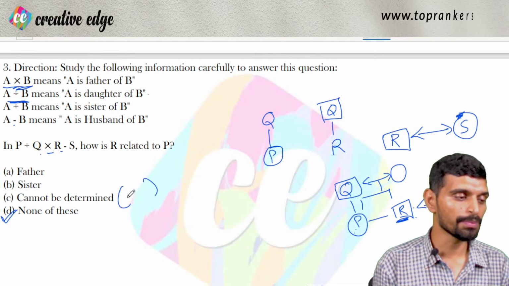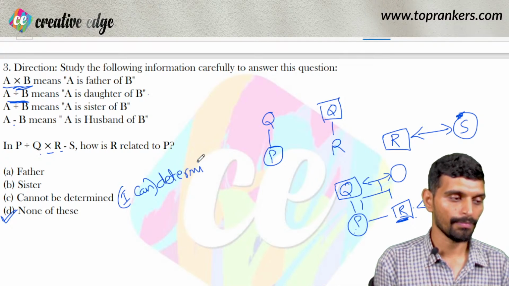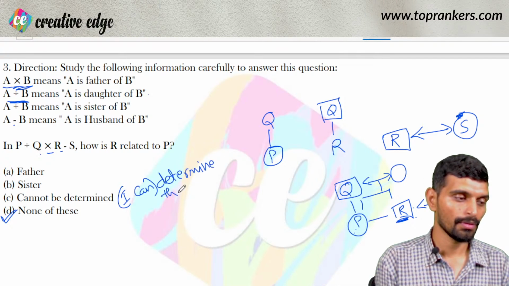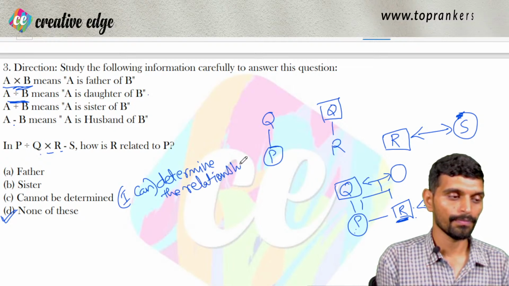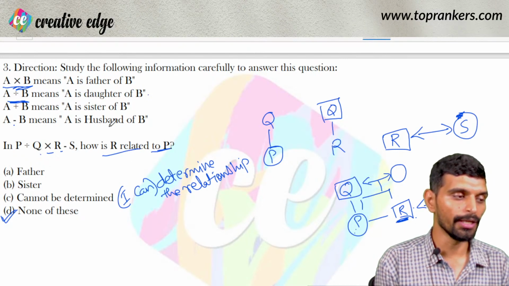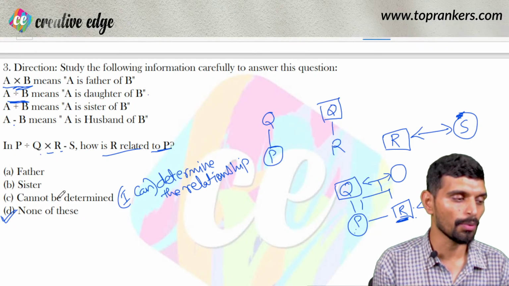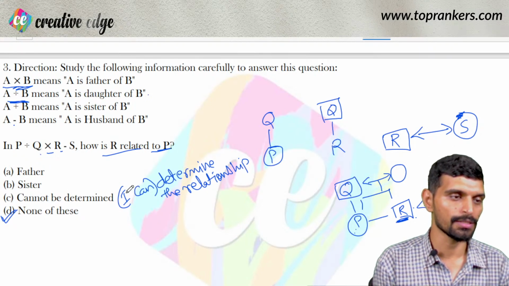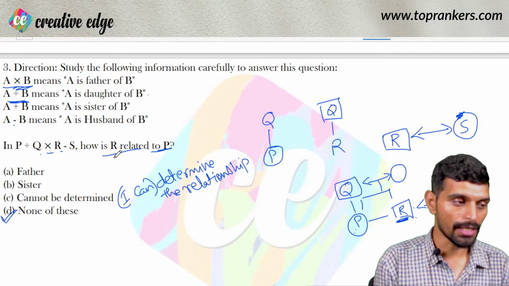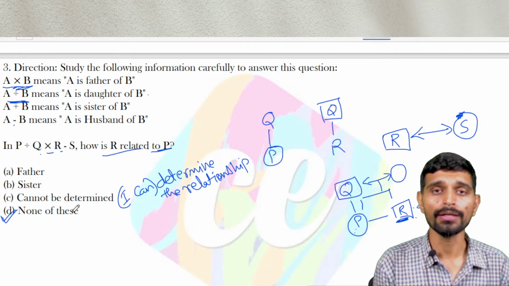I'll not go with option C because I can determine the relationship. The relationship between R and P can be determined on the basis of given information. That's why we cannot mark option C, cannot be determined, as our answer. So please ensure that if you have these two choices, which one to mark.